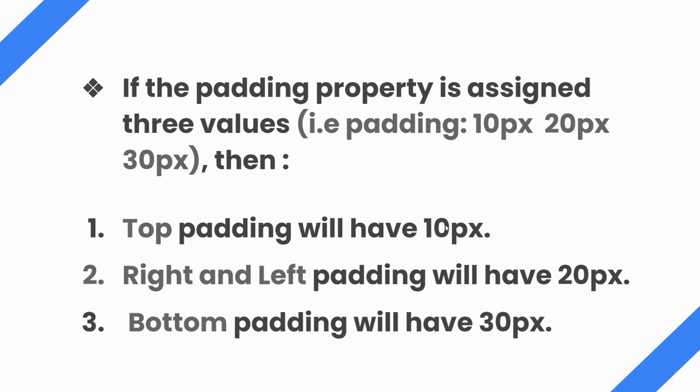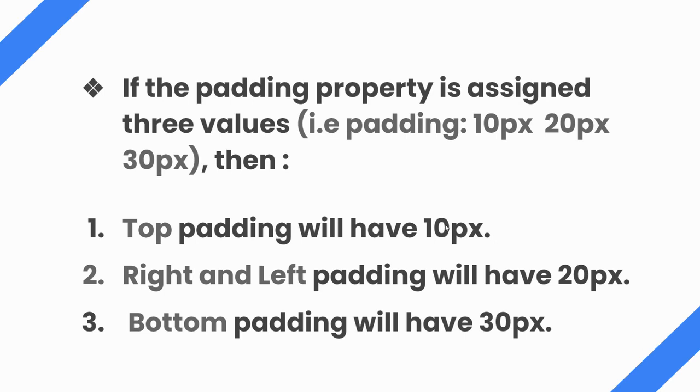Then the value in the middle, the second value, is assigned to the right and the left padding, so the right and the left padding will have 20 pixels. The last value, the third value, is assigned to the bottom padding. So you have top, right and left, and bottom. That's how they are arranged when you give your padding three values. So that's that for this.